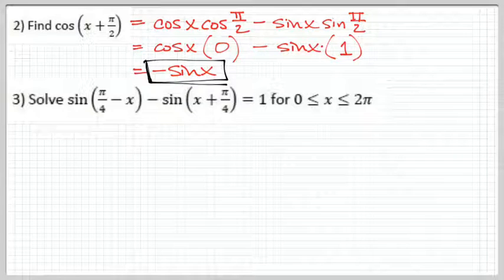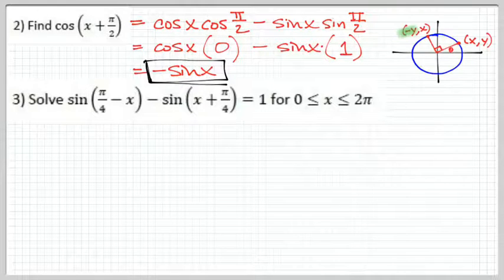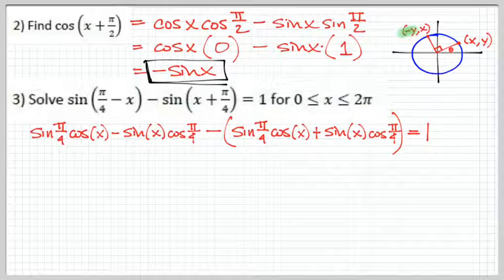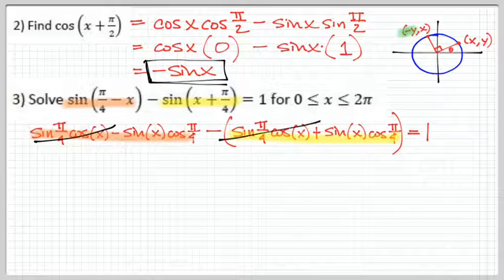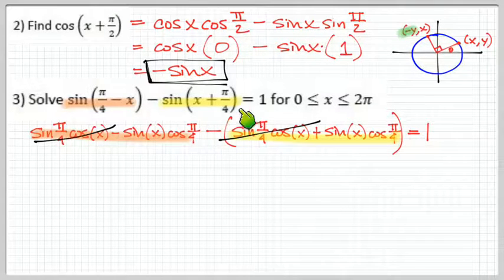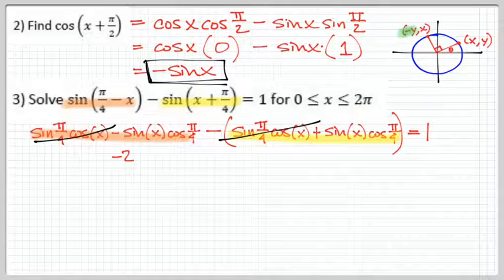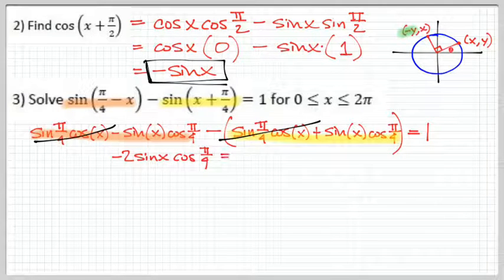To solve here, let's use the identities. Let's expand these out. So I have the expansion of this here, and I have the expansion of this here. The nice thing is two of the values are identical, so they cancel away. The other two are identical as well, and this negative sign comes over here, so we have minus 2 of these things.